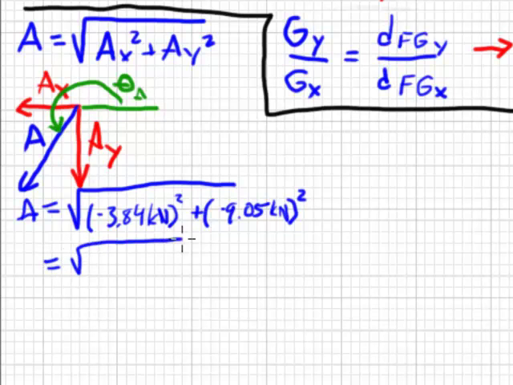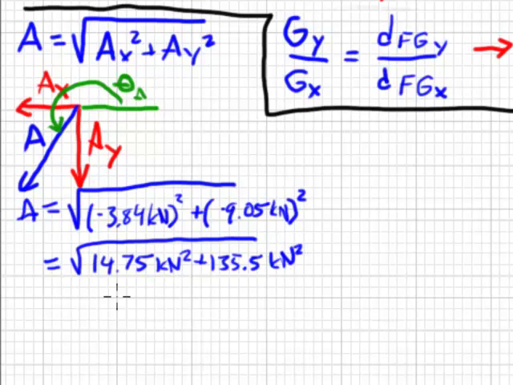Taking each individually, the first term is 14.75 square kilonewtons plus 135.5 square kilonewtons. Add them up.